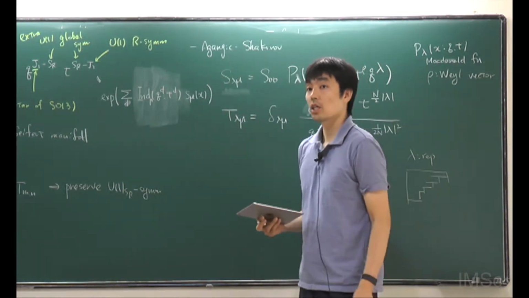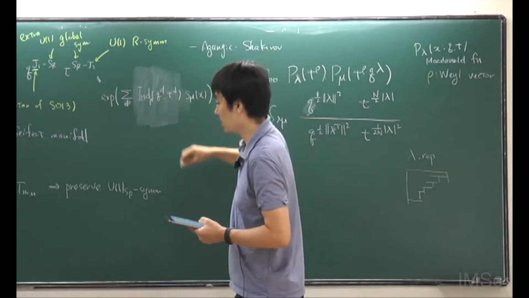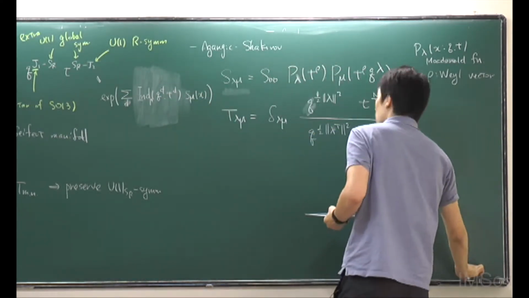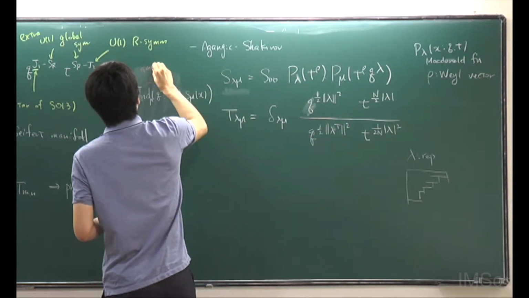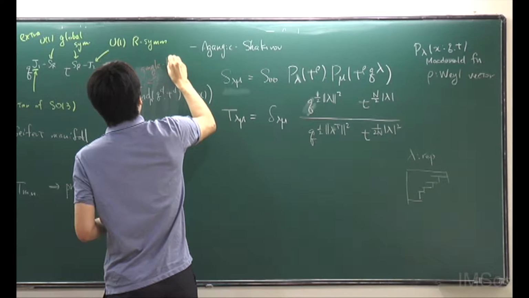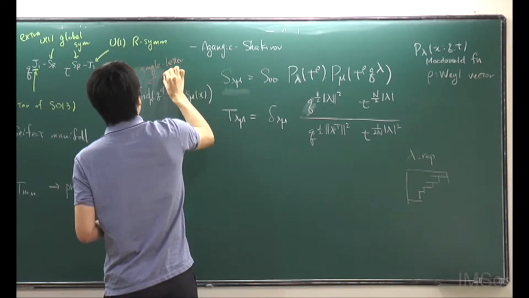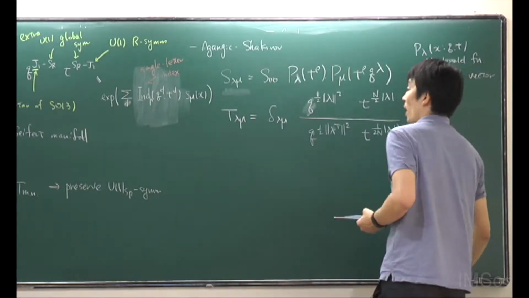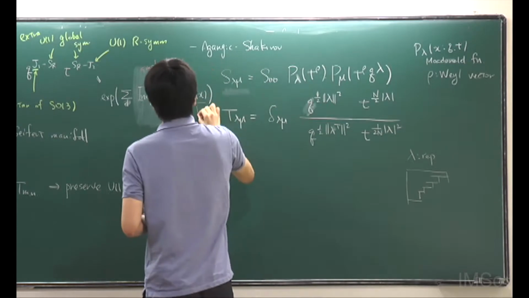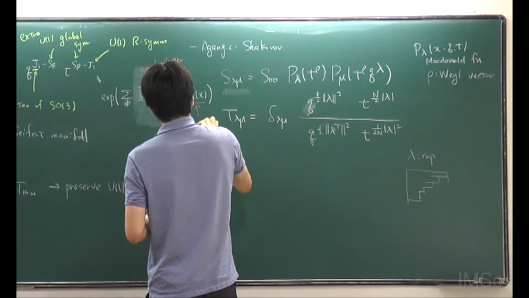So the 3D N equals 2 index can be counted by this, which is called the single letter index. This S of mu is associated to the flavor symmetry.